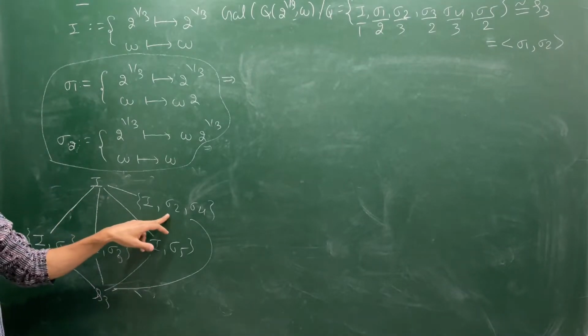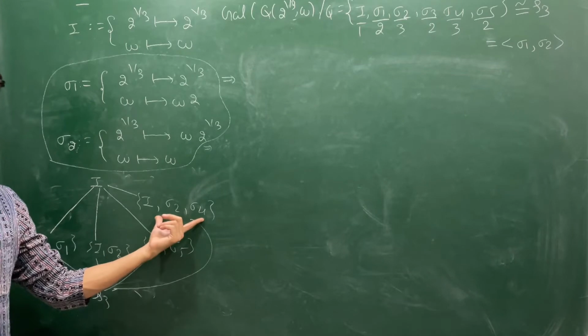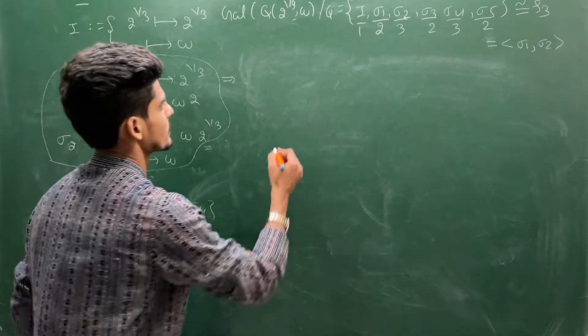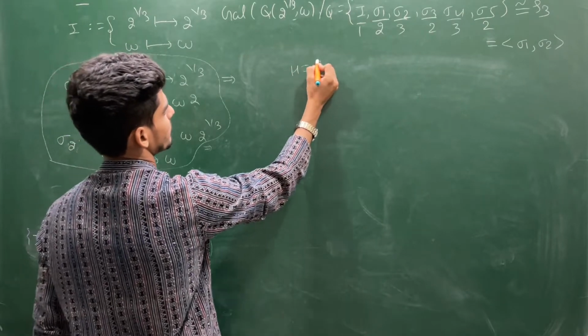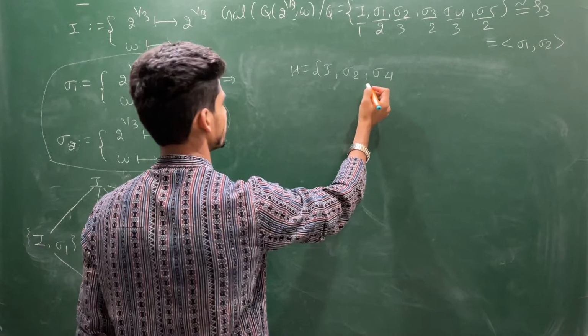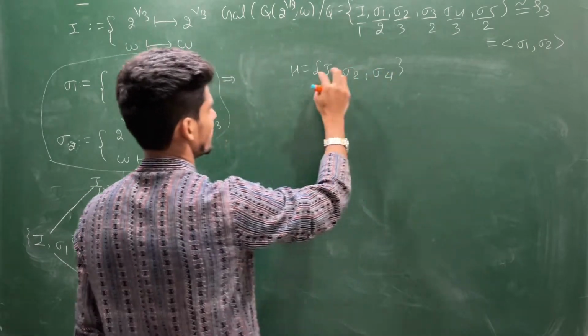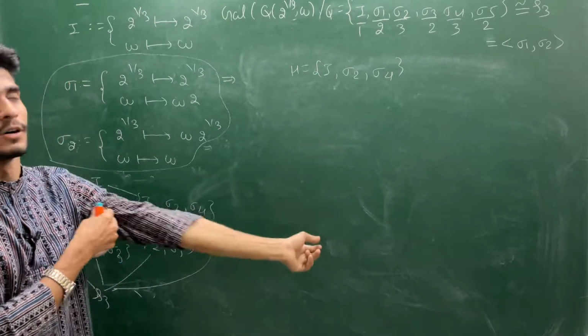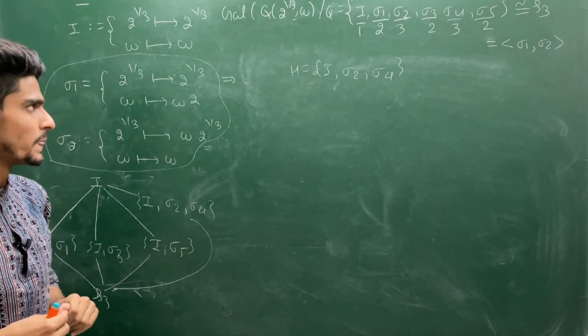So first let us find the fixed field of this subgroup generated by sigma 2. Let H be identity, sigma 2, sigma 4, and we need to find the fixed field, the elements of this extension which are fixed by this subgroup.